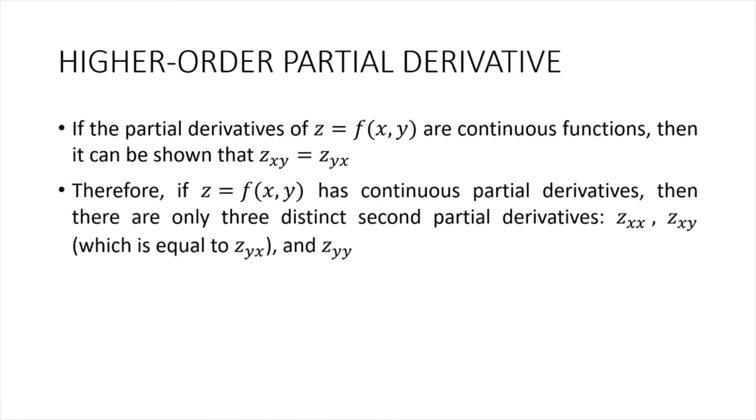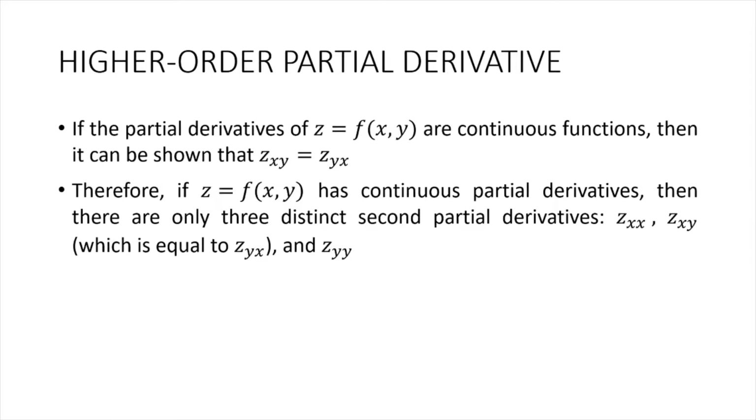So if we have z as a function of x and y with continuous partial derivatives, then we only have three distinct second partial derivatives.